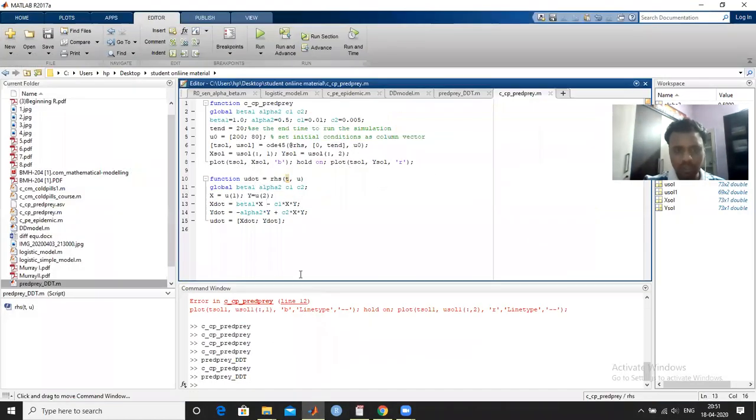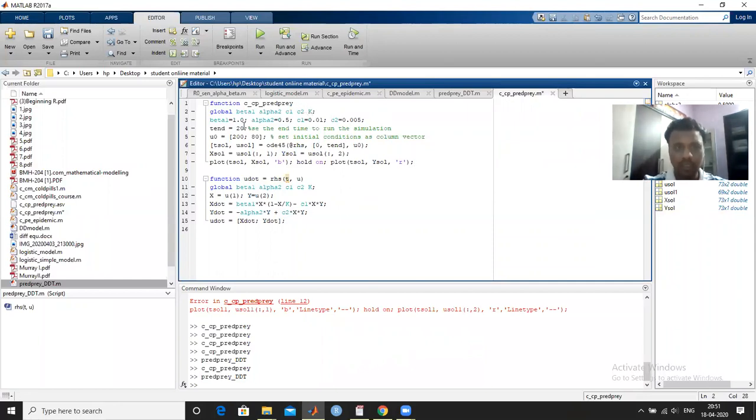So I multiplied by 1 minus x by k, where k is also a parameter, not a variable. And what is the value of k?